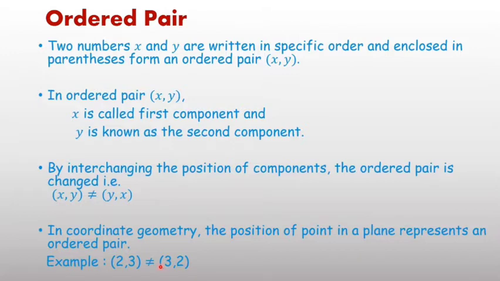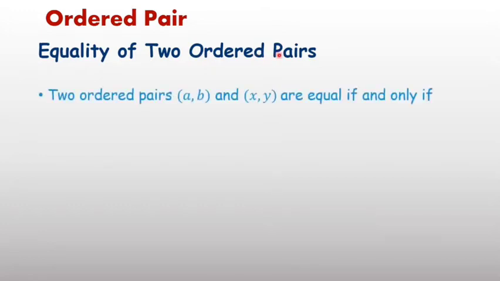Now next, equality of two ordered pairs. We have to discuss the condition when two ordered pairs are equal. If we take two ordered pairs (a, b) and (x, y), then they are equal if a equals x and b equals y. That means in both ordered pairs the first components are equal and the second components are equal.